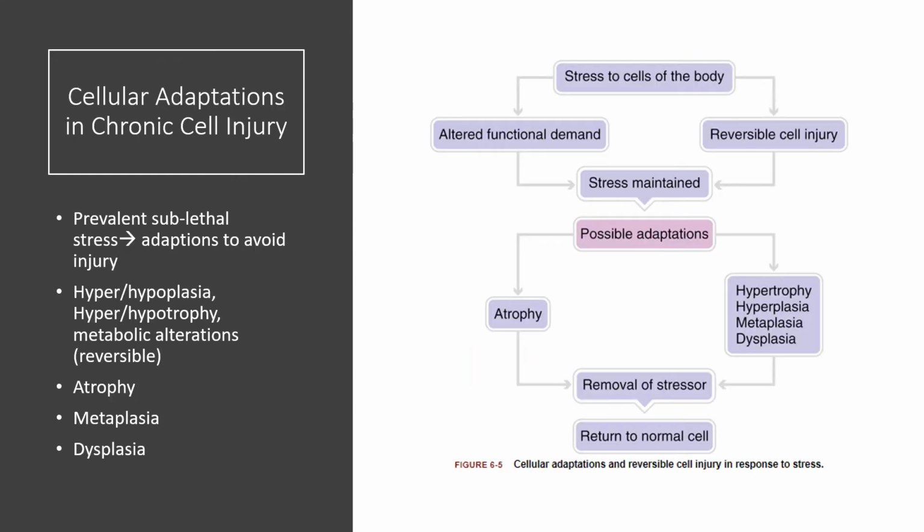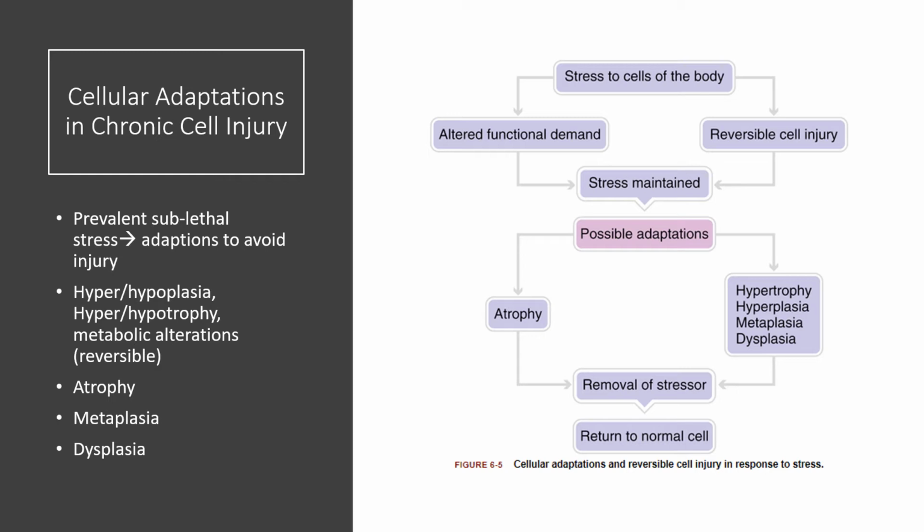So on the previous slide, I talked about the acute reversible cell injury. So now let's move into a little bit more of the mechanisms and the adaptations that the body undergoes during a chronic cellular injury. So there may be some type of prevalent sublethal stress, and the body has to undergo some type of adaptation to avoid long-term injury.